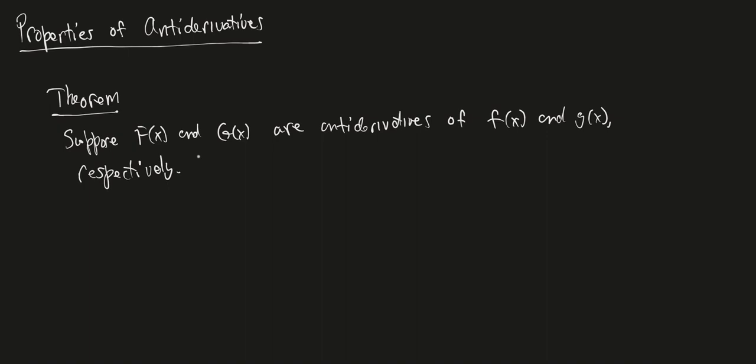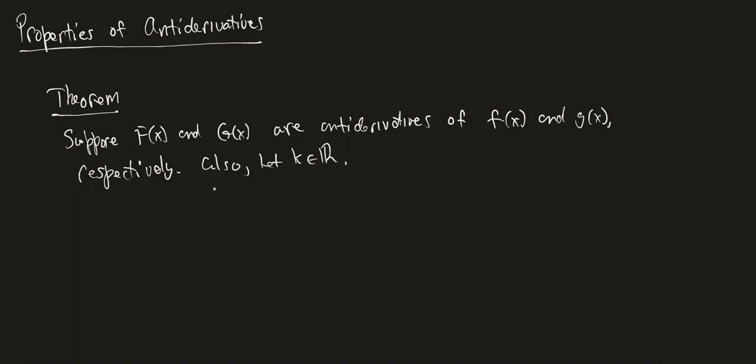That means if I differentiate big F, I will get little f, and if I differentiate big G, I will get little g. And then I'm going to need a constant for one of these rules, so also let k be some real constant.